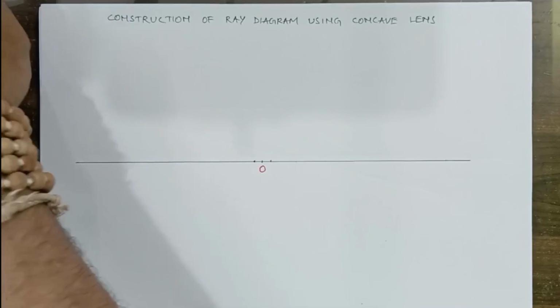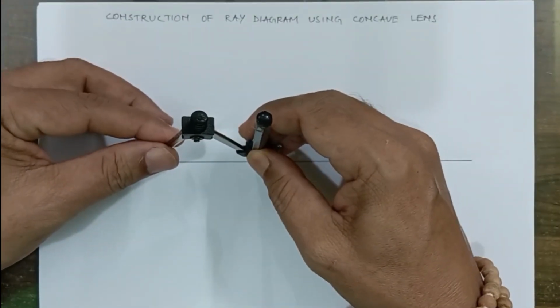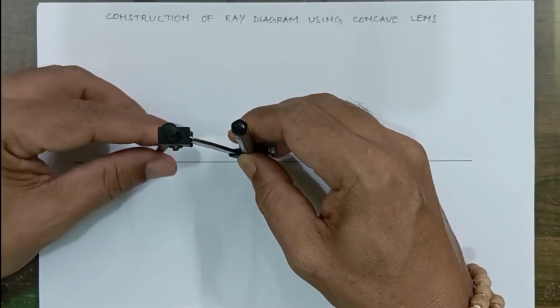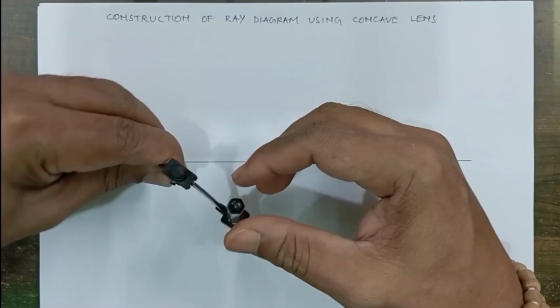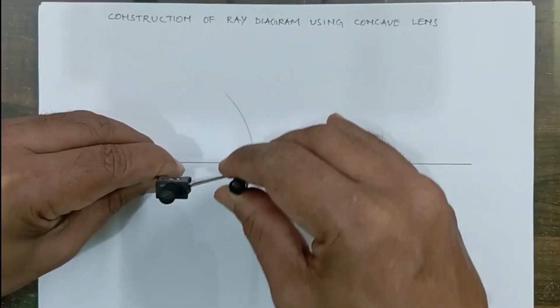Using some arbitrary radius, match your pencil point on the left side pencil mark and draw the first spherical surface of the concave lens.